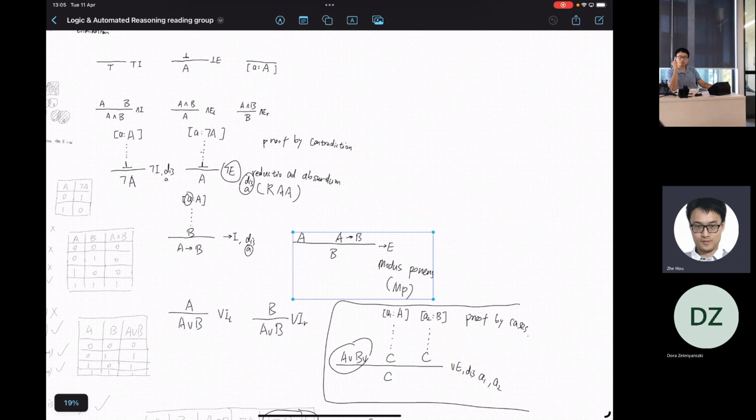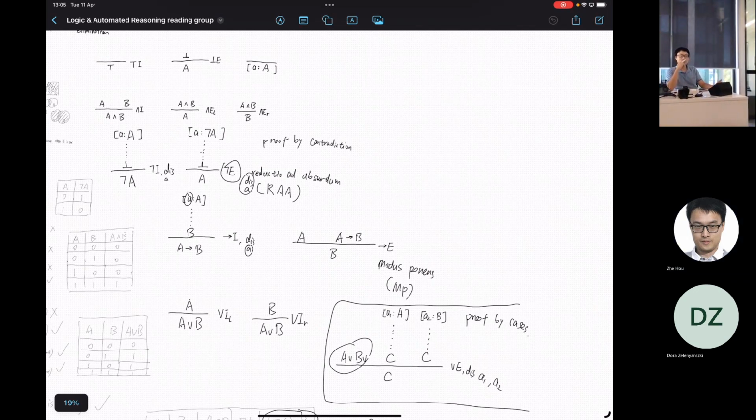For each logical connective and constant, we usually have an introduction rule and an elimination rule, and all those form a set of rules. Right? So that set of rules is called natural deduction. And we've given one example of how to use them to prove something.